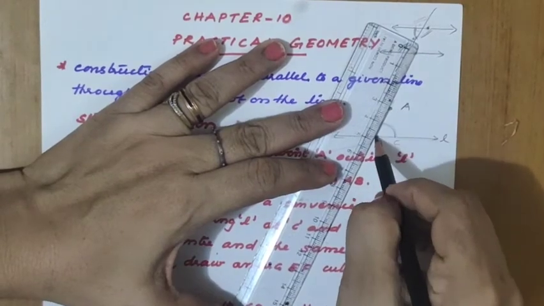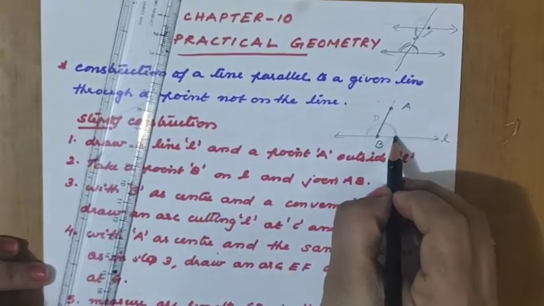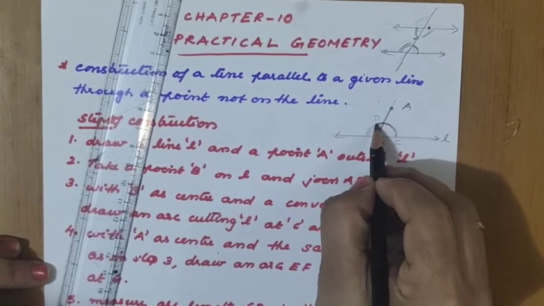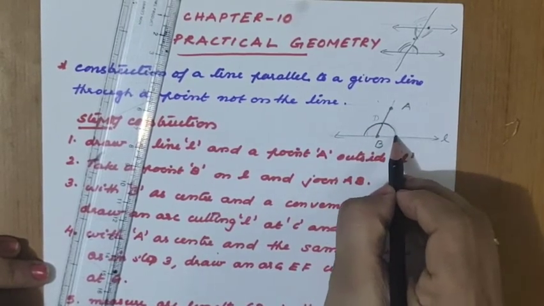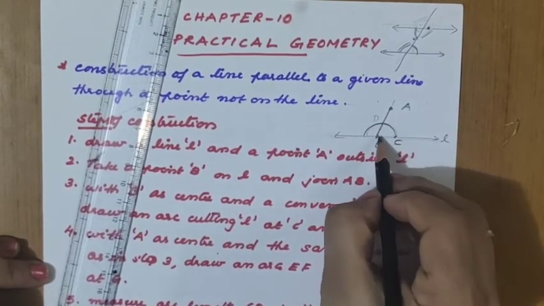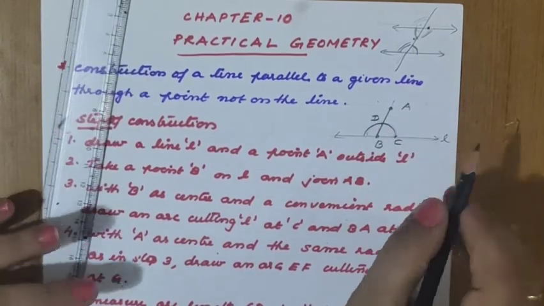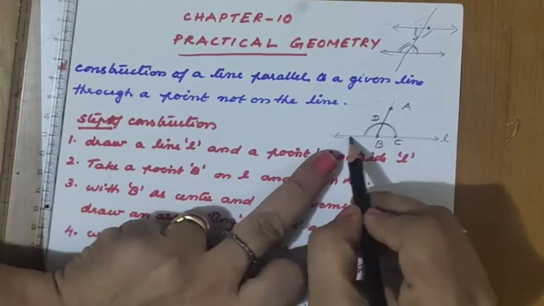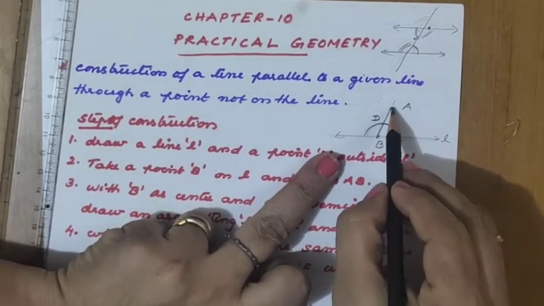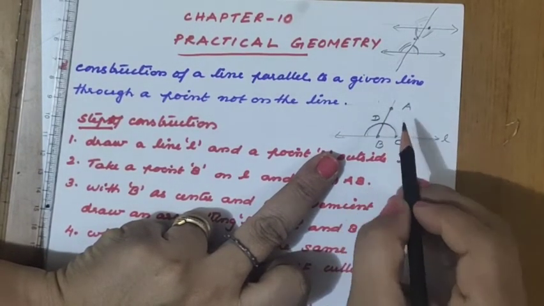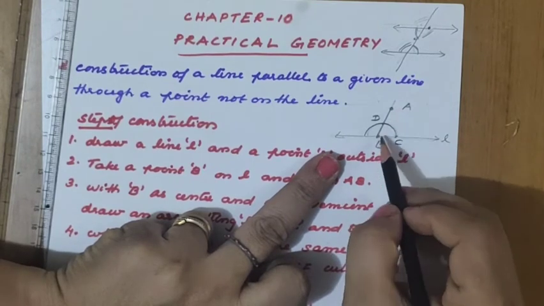Now with a convenient radius in your compass, we have to draw an arc of a circle which cuts L at C and BA at D. I think up to this step is very clear to you. First a line is taken, and outside the line point A, on the line point B, join AB.